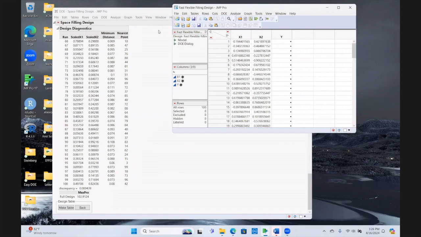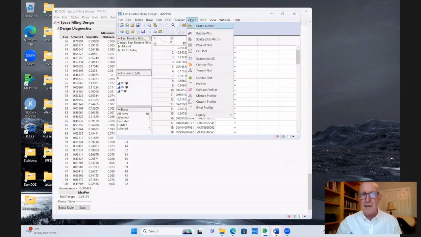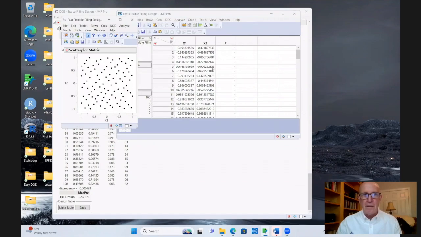And now I'm not suggesting that you run this design, but when we look at this design in a scatter plot matrix sort of way, you can see that it's really covering the space in a very uniform way.